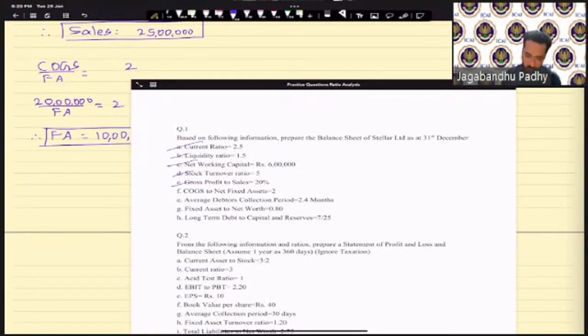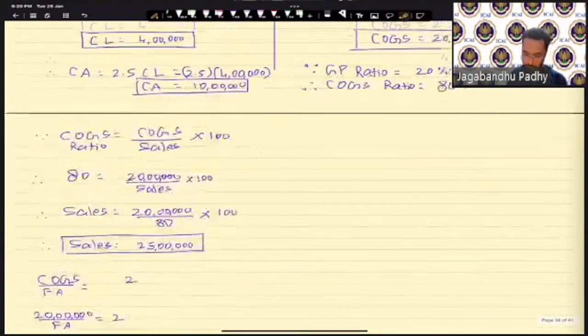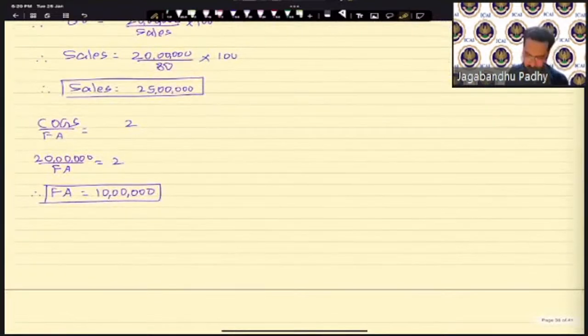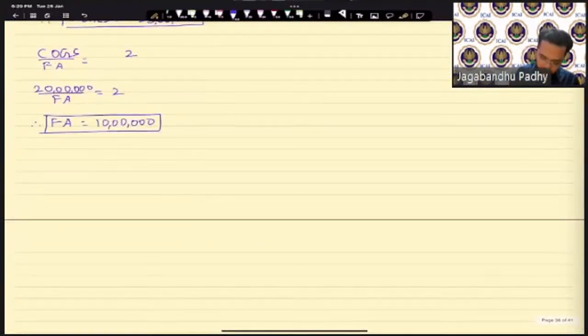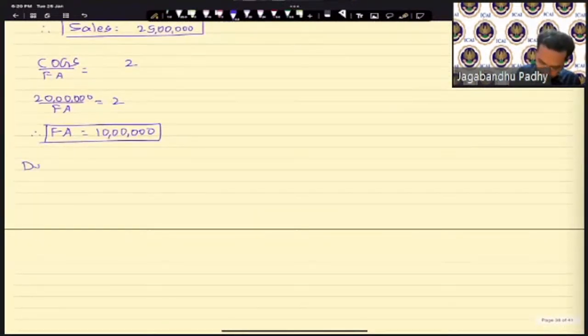Next, we use this ratio also. Next is average debtors collection period, which is 2.4 months. So we have the debtors collection period given to us to be 2.4 months.